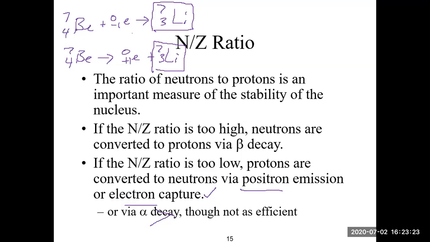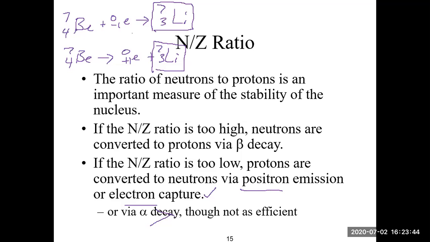In the example we just did, we first did an electron capture. We ended up with lithium with an atomic number of 3 and a mass number of 7. We then did a positron emission, and we actually ended up with the exact same isotope as well. So if the ratio is too low, you have either of those options.